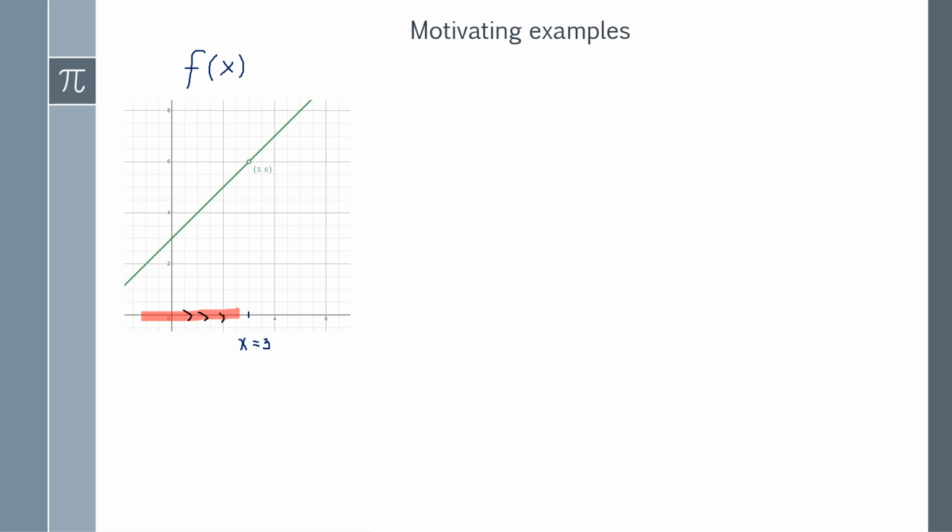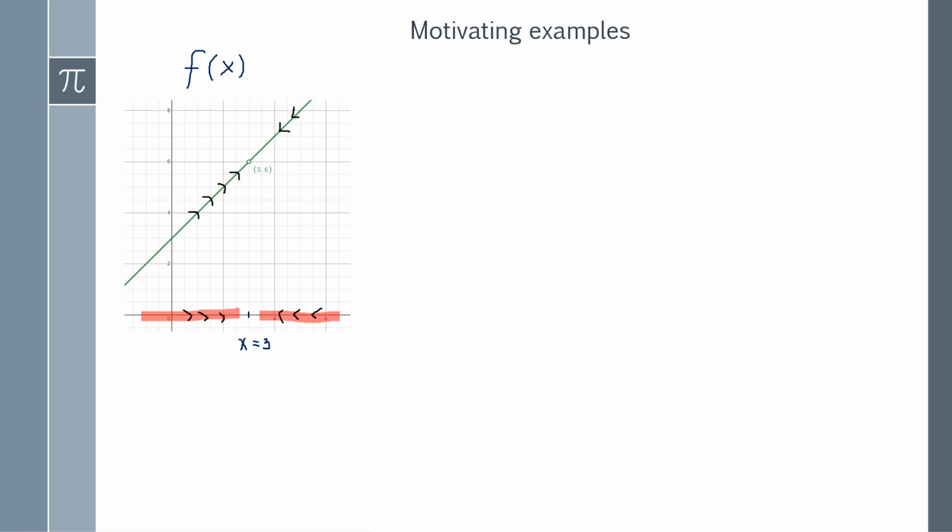What happens to the graph of the function? Okay, well, you can see that our function is approaching the value y is equal to 6. Okay, and similarly, as we move along the x-axis from the right. So we're approaching x is equal to 3 from the right side. Let me go ahead and indicate that by these arrows right here. What is our graph doing?